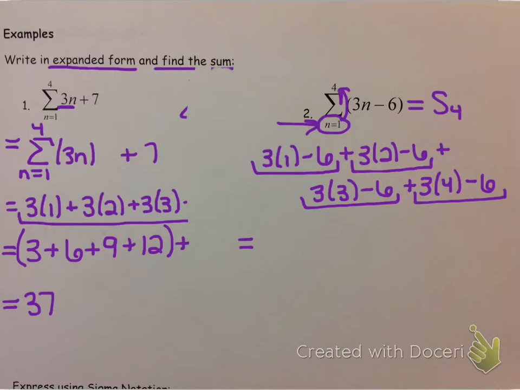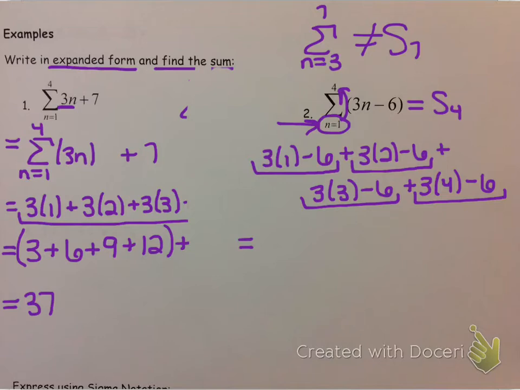If I have a sigma symbol that starts at 3 and goes to 7, I can't call that the 7th partial sum, because I'm missing the first 2 terms in that series. So you've got to be really careful about the notation that you use and how you read it.